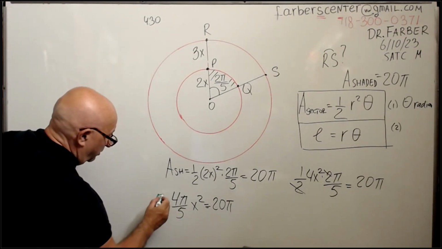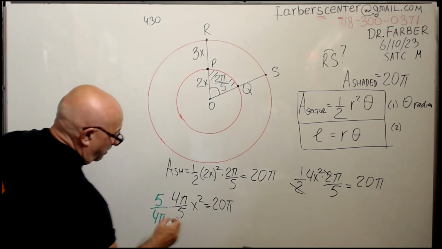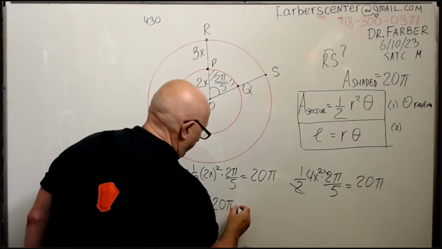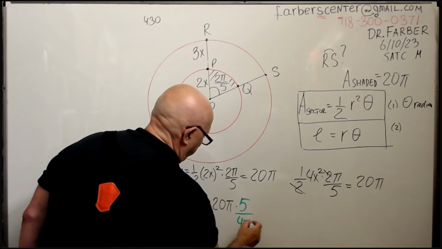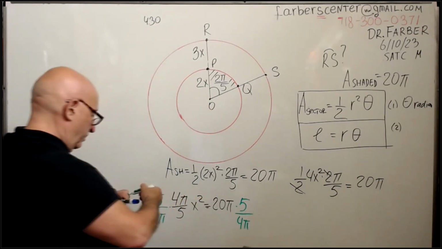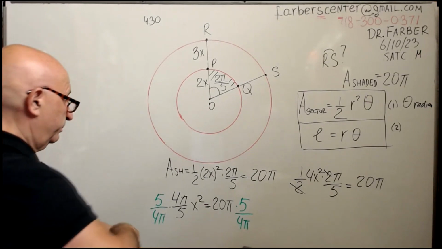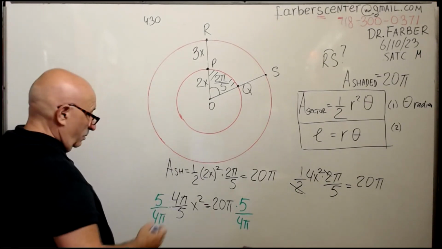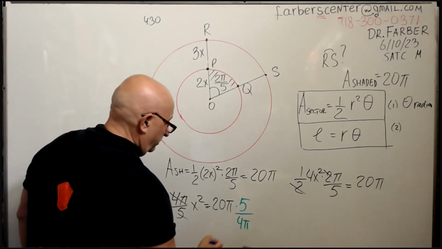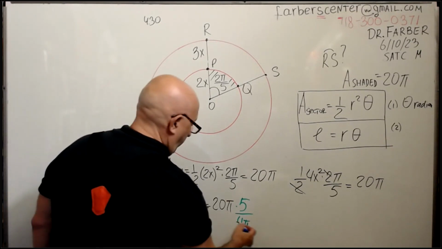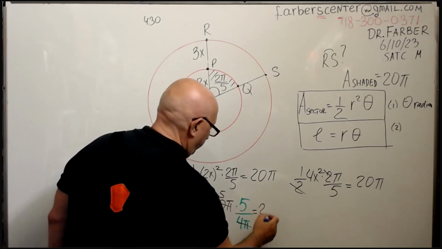5 over 4 pi, 5 over 4 pi. Cancel, cancel, cancel, cancel. 4 pi and 20 pi, 5. 5 times 5, 25.